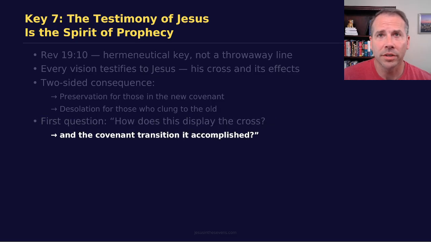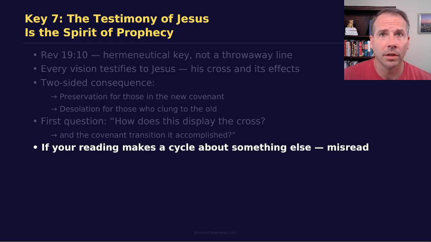So the covenant transition that it accomplished will give you a lot of clarity and help you get your bearings. If your reading makes a cycle about something else, other than the cross and its effects, I will suggest that you probably misread it and are probably misunderstanding it.